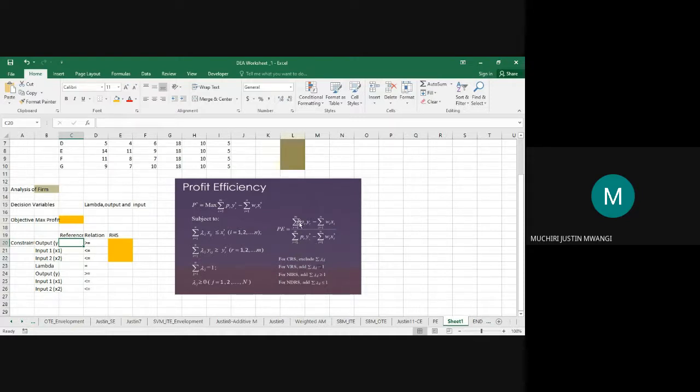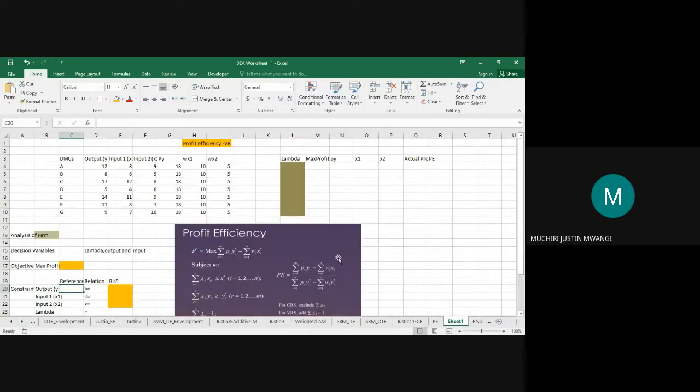And this profit is the difference between the total revenue and the total cost. For now, we know the prices of the output and the price of input. What we're looking for is the optimal output and optimal input that we can use and achieve.